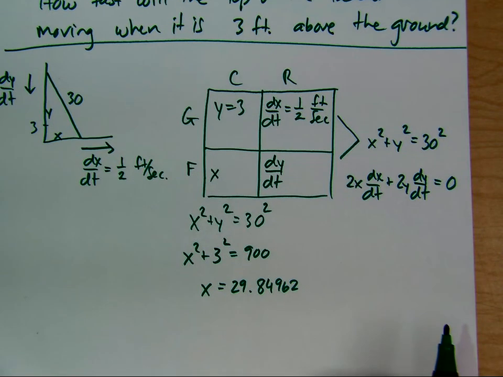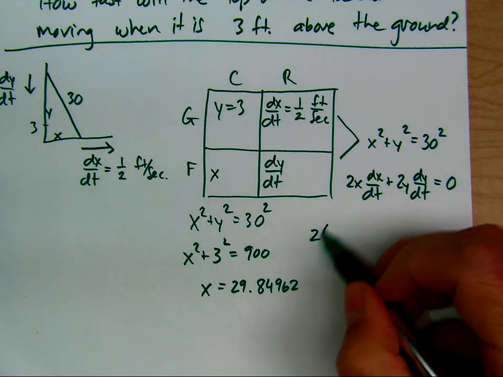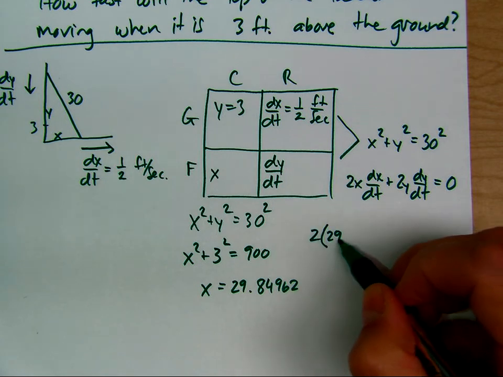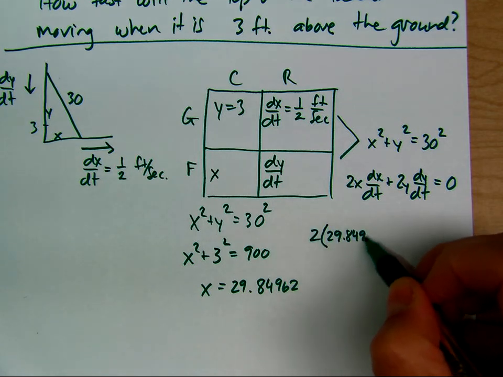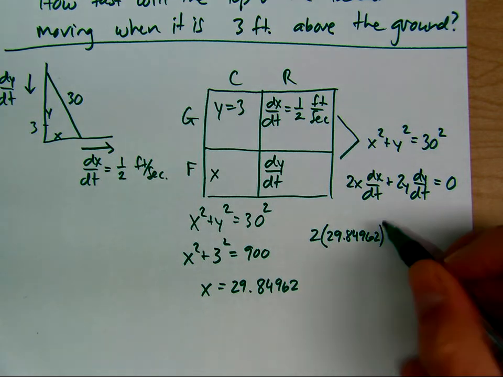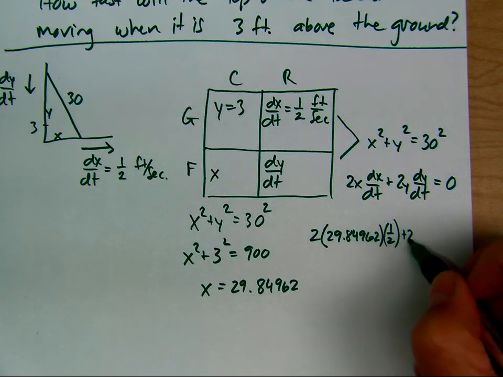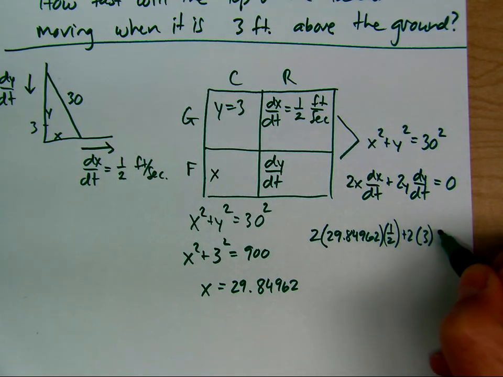All right, so now we have over here 2 times x, 29.8496. I didn't round it because I'm going to use it, and then I'll round it at the end. dx/dt is a half. y is 3. And solve for dy/dt.